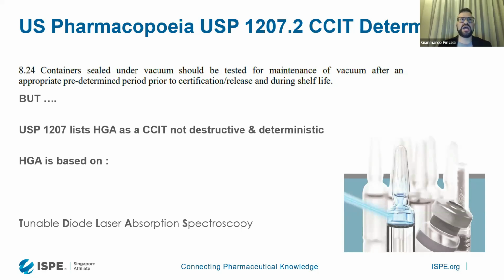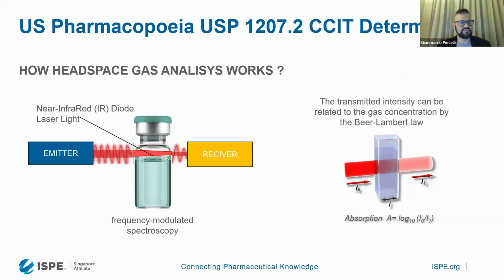You cannot say, I need a headspace gas analysis system to do the CCIT on my product. You have to investigate whether headspace gas analysis is applicable to your product and whether it can be used as a CCIT method, because not in all cases can it be used. There are a few examples later on.